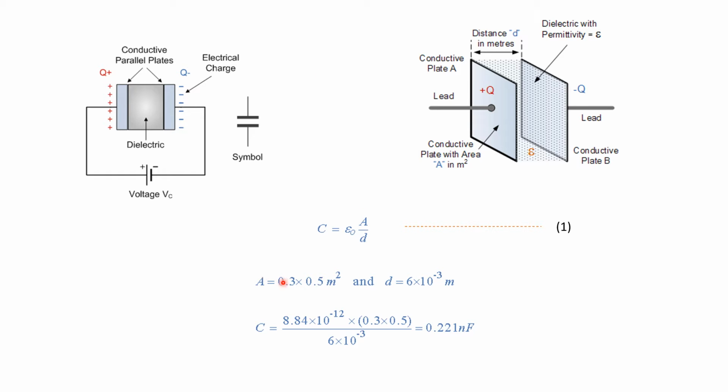Let's consider A as length times width. The length is 0.3 and width is 0.5 meter, so A is in meter square, and the distance between the two plates is 6 into 10 power minus 3 meter. So what is the capacitance? If you put these two values into equation number 1, you will find that your capacitance comes to 0.221 nanofarad.